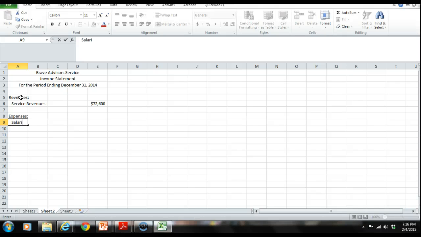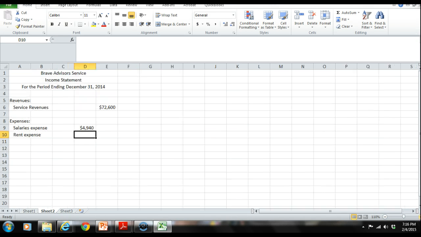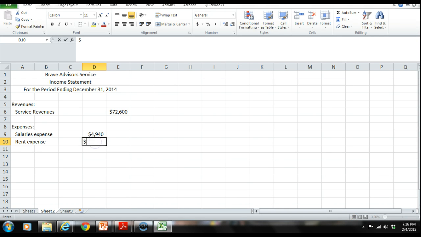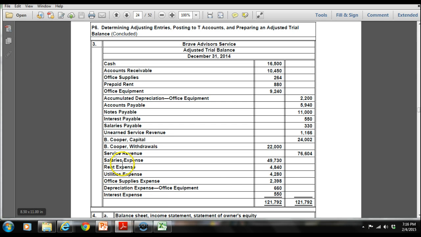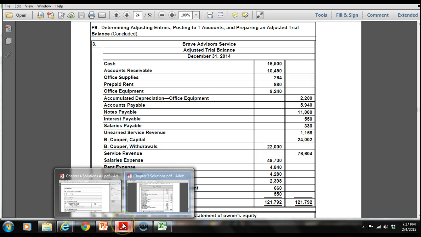Salaries of $4,940. Rent, $4,400. Well, maybe that's not right. Rent expense is 4,840. Okay. Yeah, your numbers are off because the revenue should be 76,604.